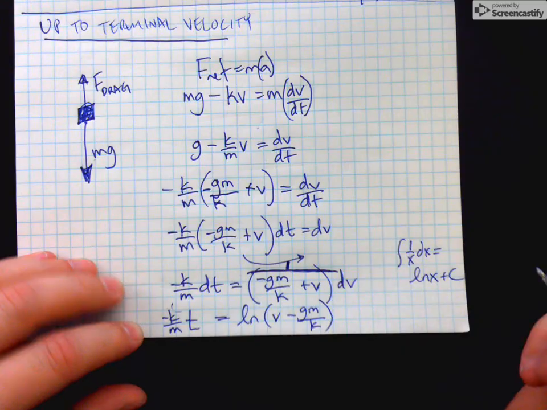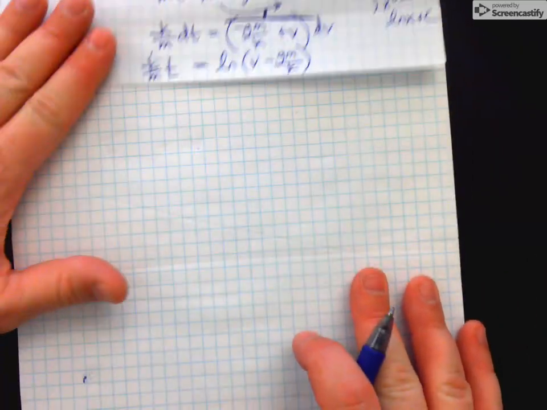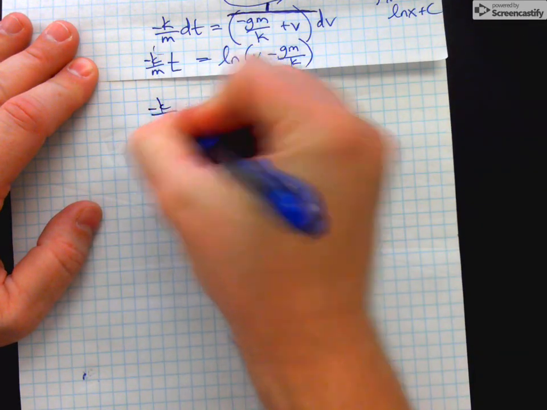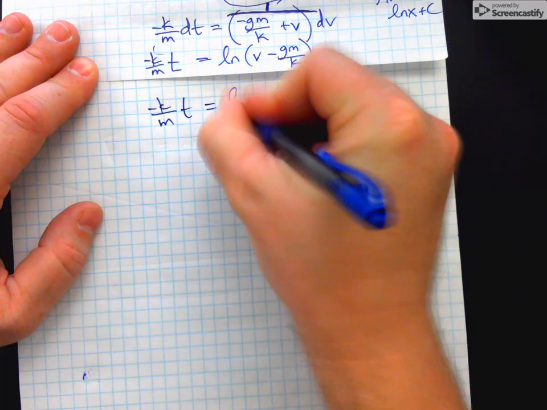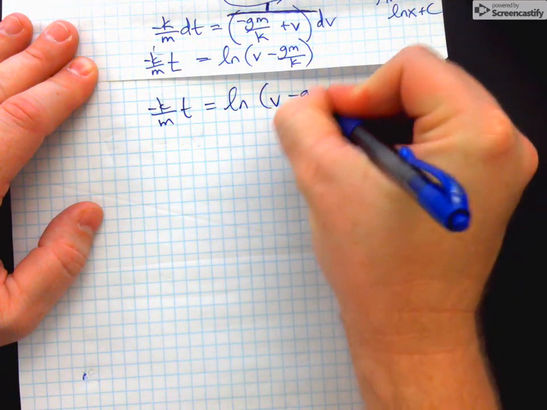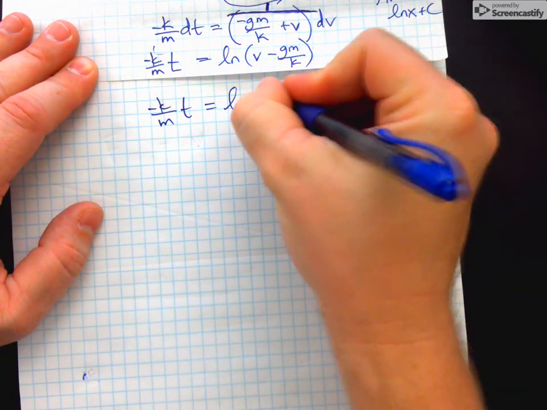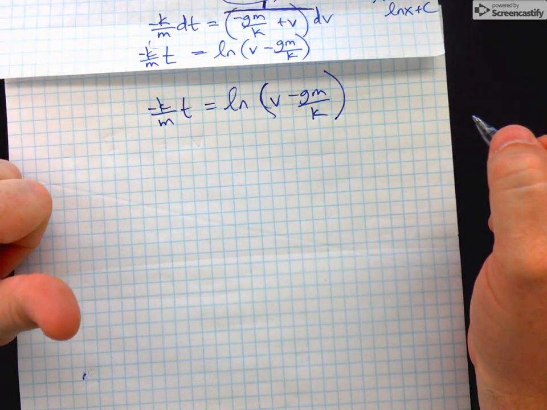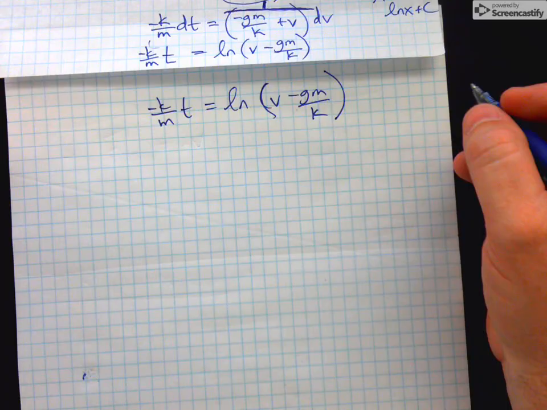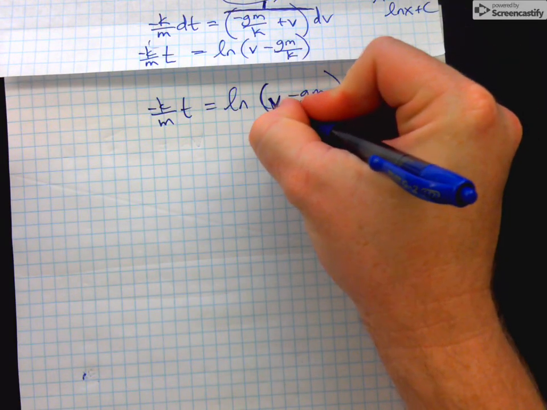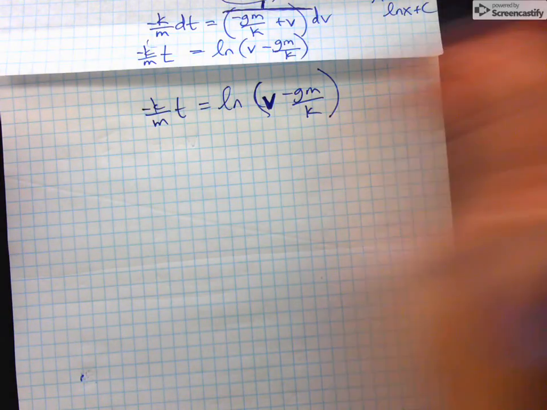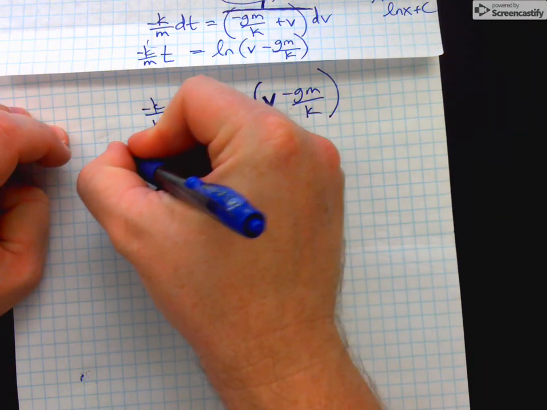Okay, so we're going to keep that right here. I have negative k over m t equals natural log of v minus gm over k. Now, if I want to solve for velocity at a time, I need to get velocity out of there. The way to do that is what we call exponentiate.